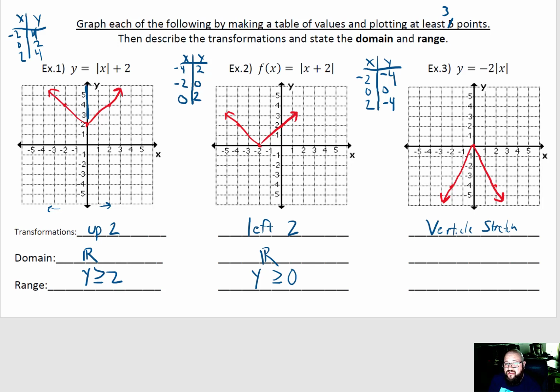If it was a fraction, it would compress it. Alright, so with this, the negative also, I'm going to add underneath here, flips it across the x-axis. So the vertical stretch is flipped across the x-axis.